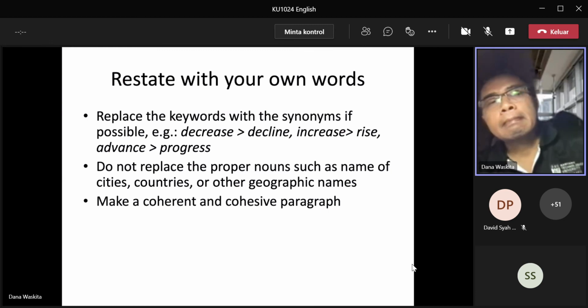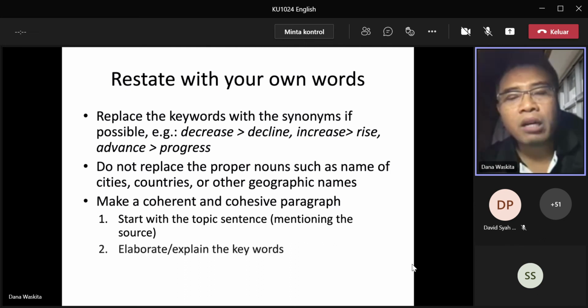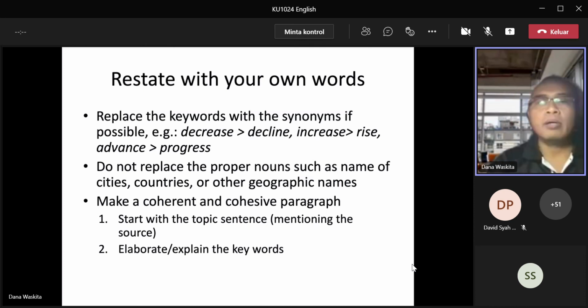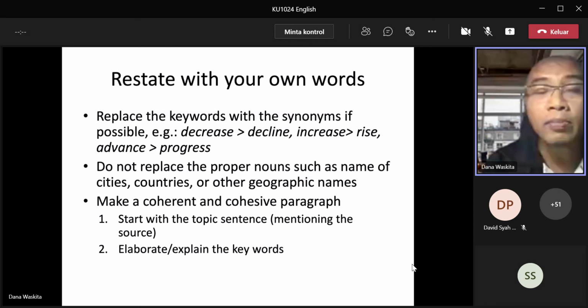To make a coherent and cohesive paragraph, you can start with the topic sentence, the conventional style, and then follow with the explanation in the keywords, but not the examples. Okay, that is the fourth rule, and the last one is, as we have already learned, to make a paragraph cohesive and coherent is by using linking ideas.